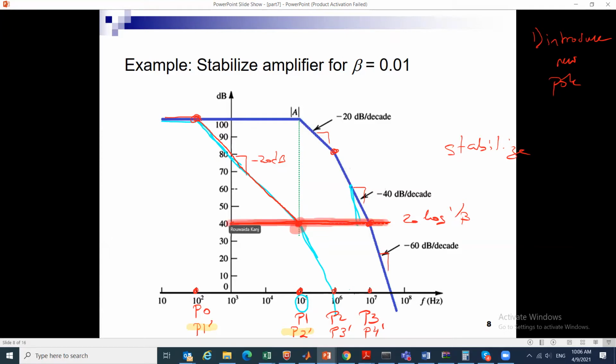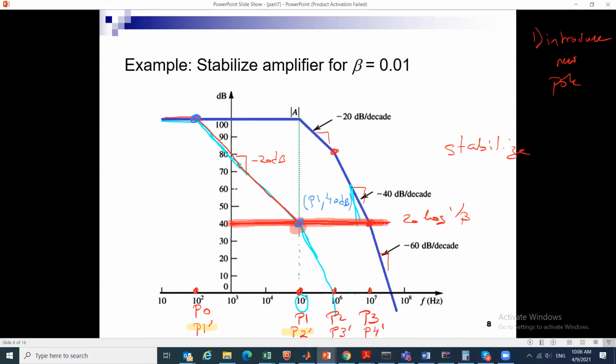If I request that the intersection happens at my old first pole, then this means that at this point I have P1 and I have 40 dBs. What did I guarantee?